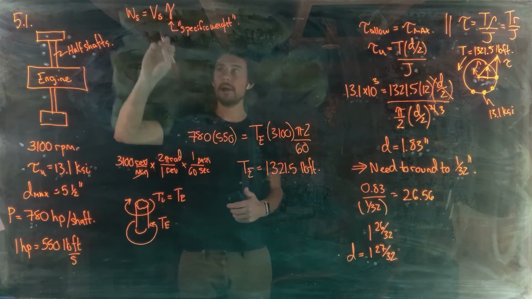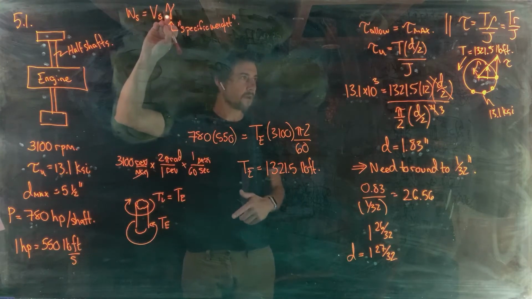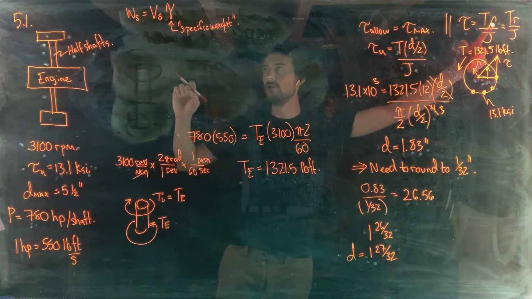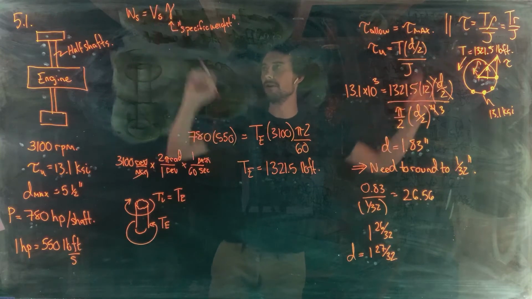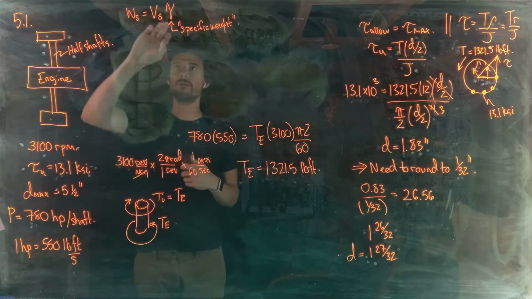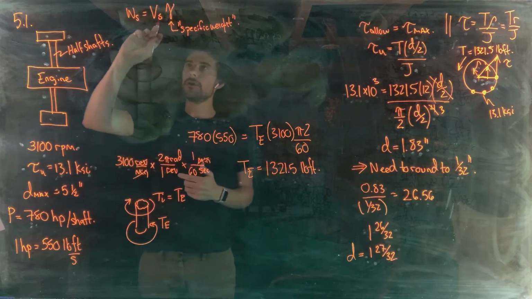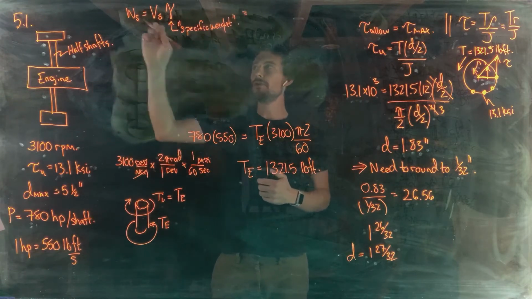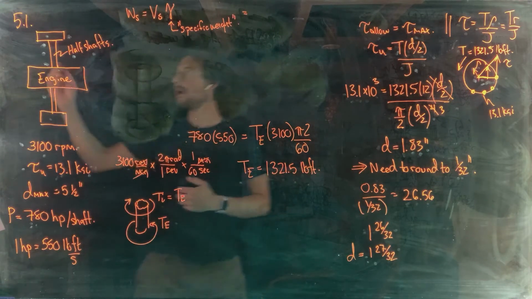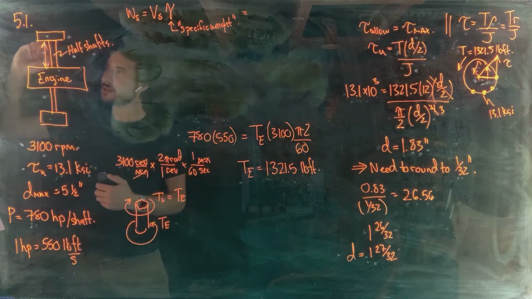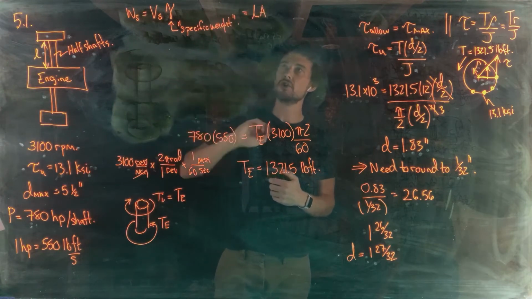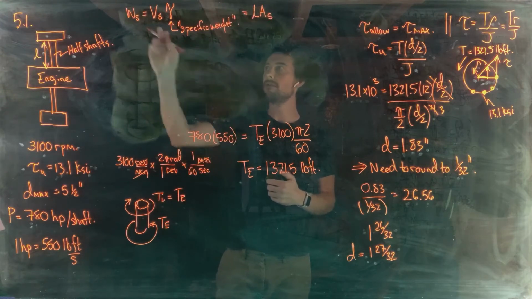Normally I just put density in there, but we've got rho being used up here as well, so I don't want to confuse you by putting two different rhos on the board that mean different things. So we'll use specific weight. So the volume is equal to what? The length of the shaft, L, multiplied by the cross-sectional area of the solid shaft.